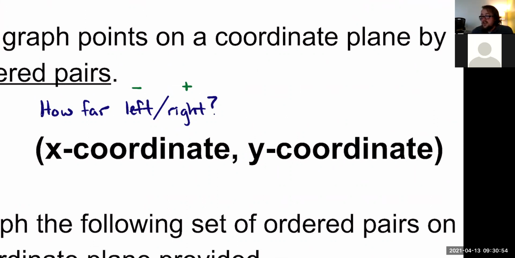The y coordinate then, because it's not very interesting if we just traveled left or right, is going to answer the question, how far to travel either up or down.